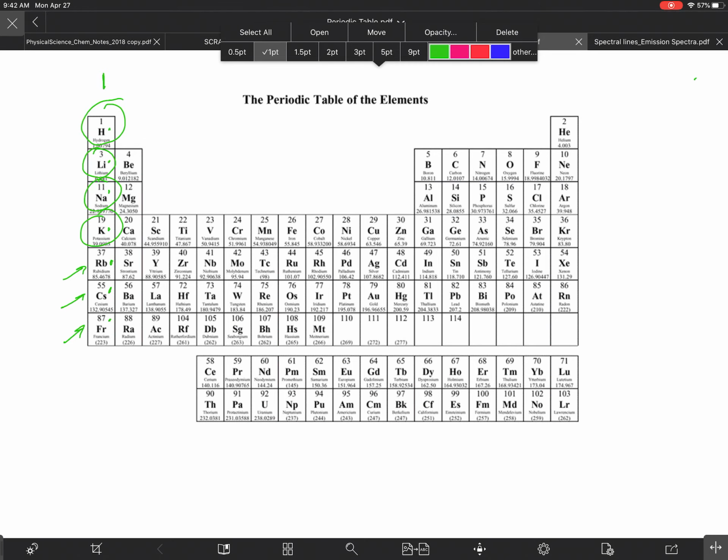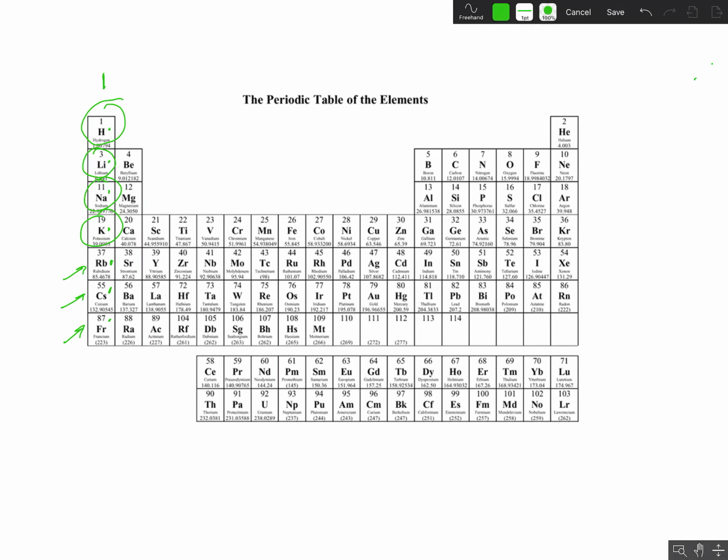Here's beryllium, here's magnesium and calcium, and you drew one pair of electrons for each of those. What if I asked you about strontium, barium, or radium? You'd say, that's easy, Mr. Hummer, they're in group 2. They all have 2 valence electrons, and we know the first 2 electrons are all paired up. All right, let's continue on.